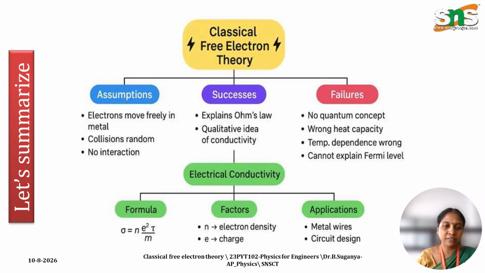And for electrical conductivity, there are formulas we have. Sigma, that is, electrical conductivity, is equal to n e squared tau by m. Electrical conductivity depends on the density of electrons and the charge of the electrons. The applications of electrical conductivity are metal wires and circuit designs.